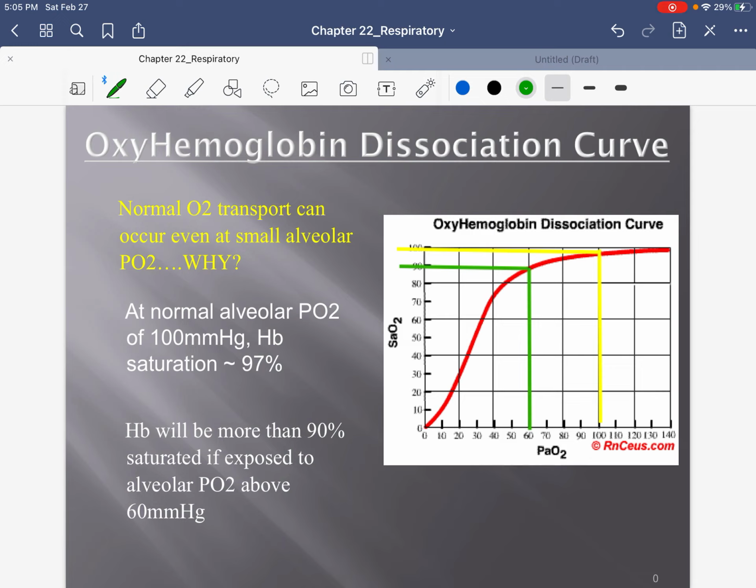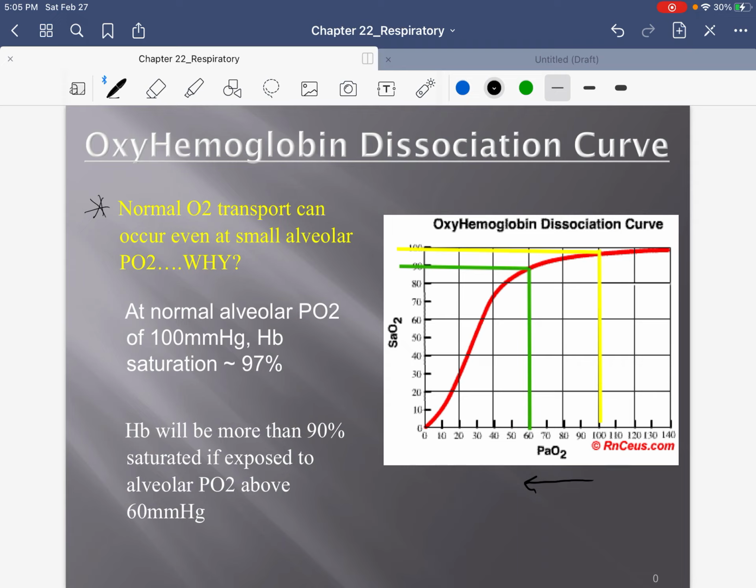All right, the last point on our discussion of the oxyhemoglobin dissociation curve. This curve also shows us something really cool. It shows us that we can have a pretty significant drop in oxygen in the blood and still maintain a pretty high hemoglobin saturation.